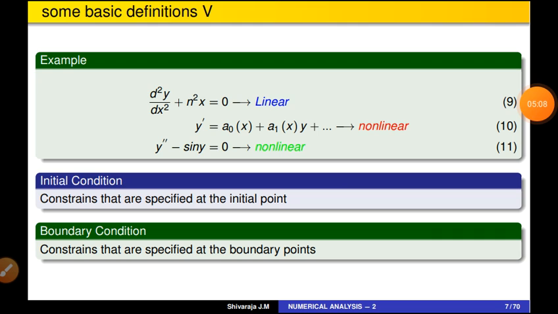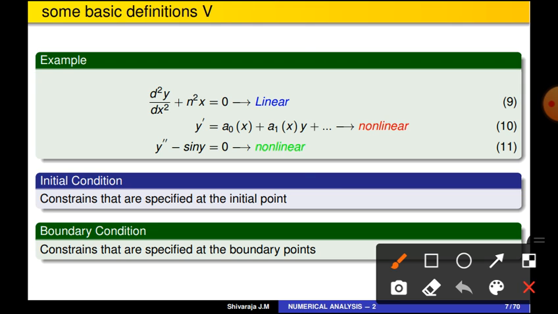Now, what is an initial condition? Initial conditions are the constraints that are specified at the initial point. Once again, the constraints that are specified at the initial point are called initial conditions. Boundary conditions are the constraints that are specified at the boundary points.